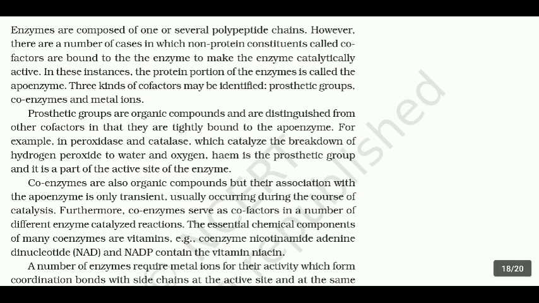Prosthetic groups are organic compounds and are distinguished from other cofactors in that they are tightly bound to the apoenzyme. For example, in peroxidase and catalase, which catalyze the breakdown of hydrogen peroxide to water and oxygen, heme is the prosthetic group, and it is part of the active site of the enzyme.